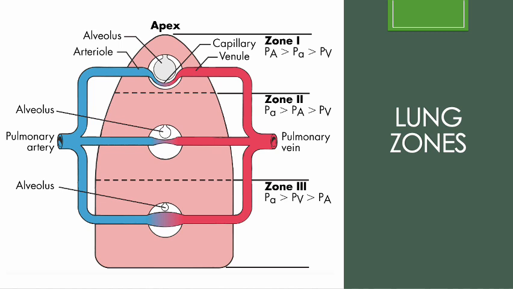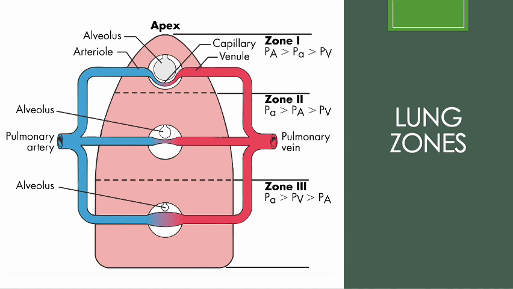this zone. Next, moving on to zone 2. I'll draw your attention to the equation under zone 2, where you see P little a, which is the pulmonary arteries. The pressure is greater than the pressure in the alveolus, which is greater than the pulmonary veins. So zone 2 is considered the intermediate zone, which consists of a variable relationship between vascular and alveolar pressure.